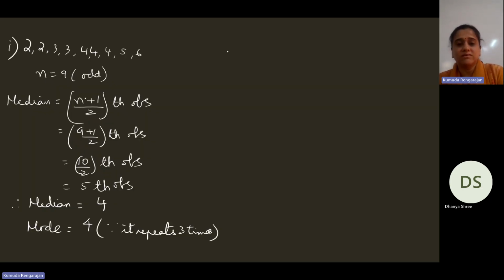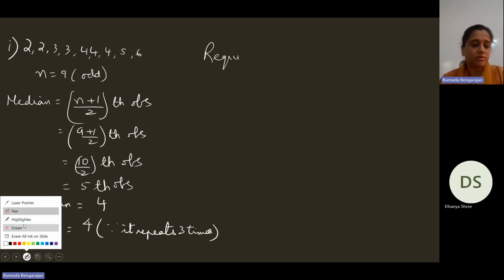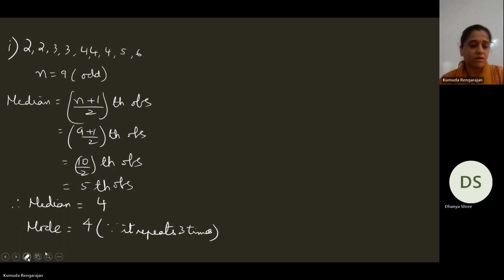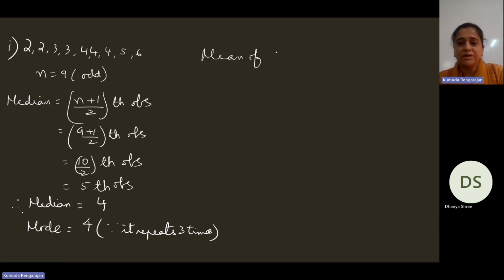Okay, so how do you find the mean? You must write required mean is equal to, or you can just write mean of median and mode.